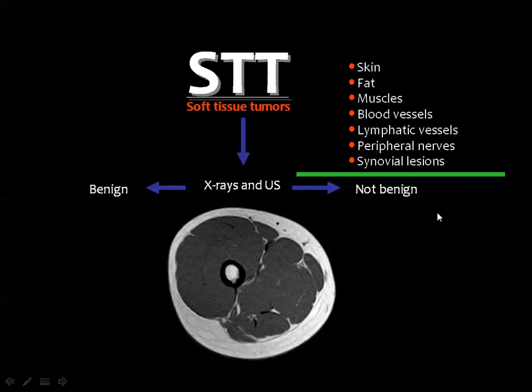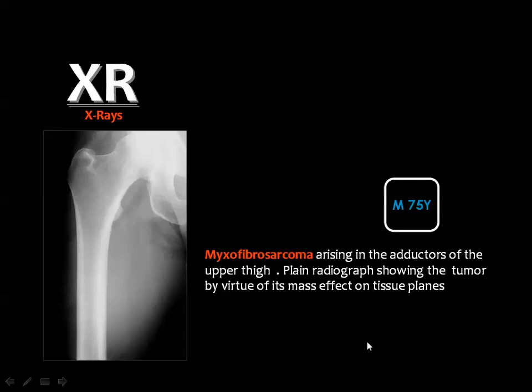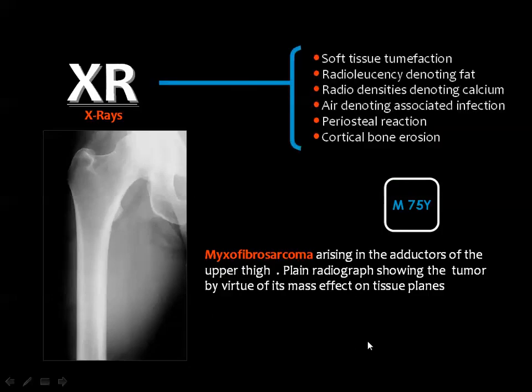But if the lesion looks malignant, or of intermediate character, then we have to proceed to MRI. Finally, we should have a biopsy, guided by ultrasound, CT, or even MRI.